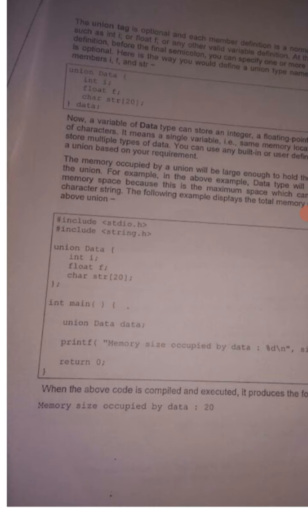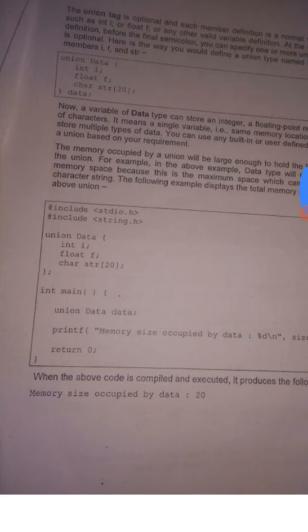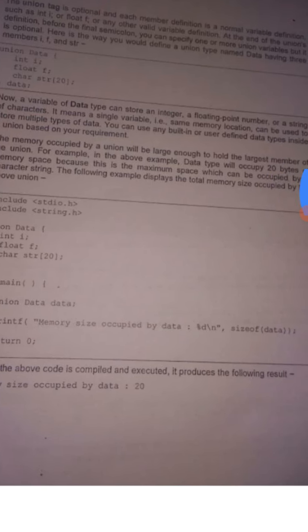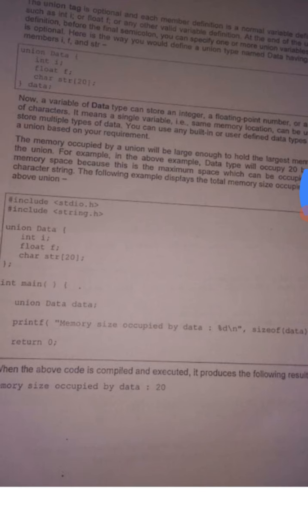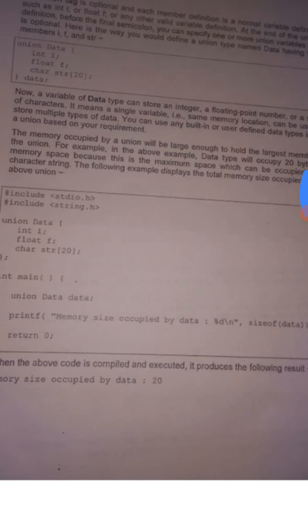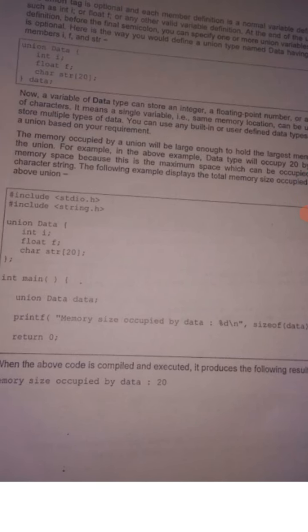Now a variable of Data can store an integer, a floating point number, or a string of characters. It means a single variable, that is the same memory location, can be used to store multiple types of data.